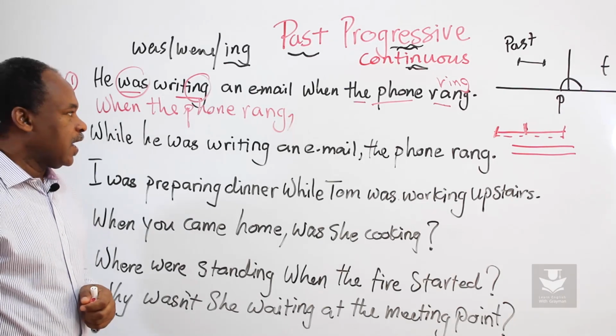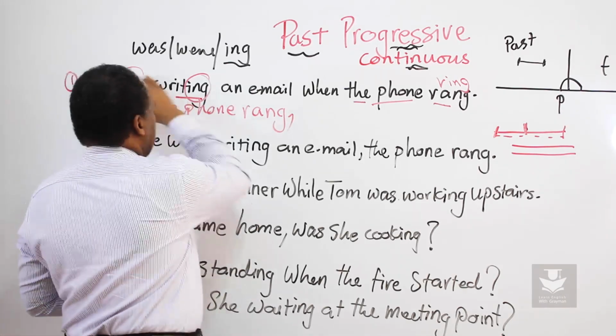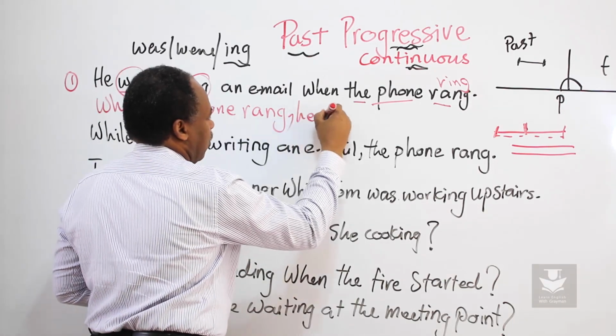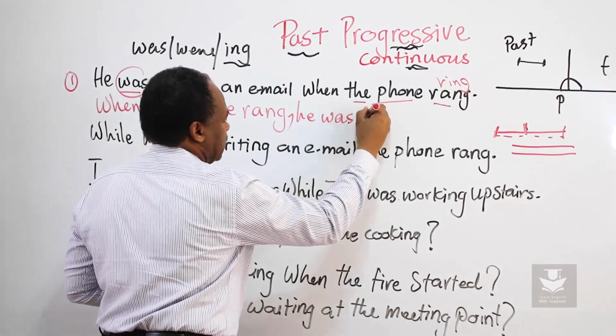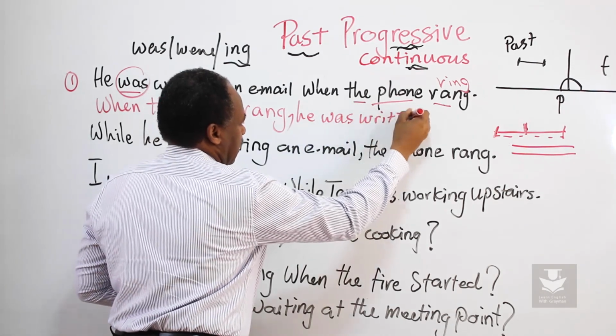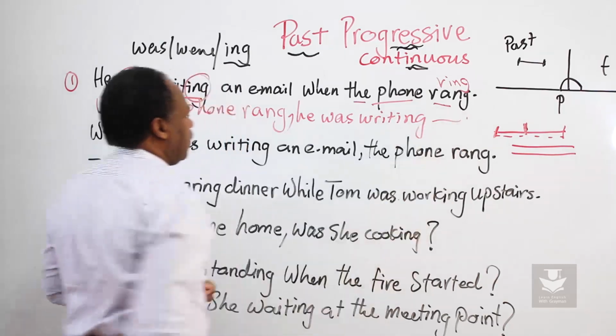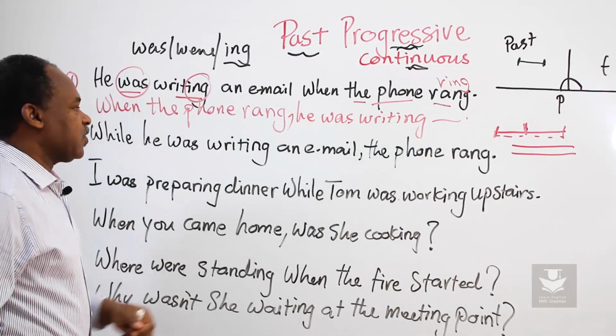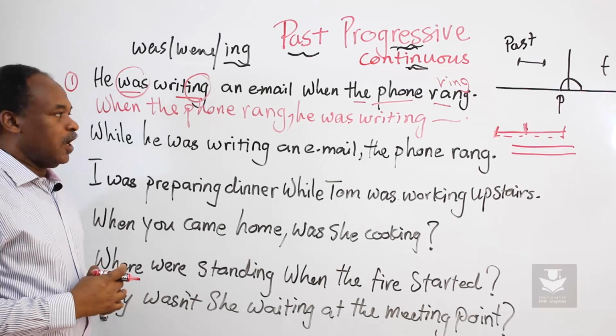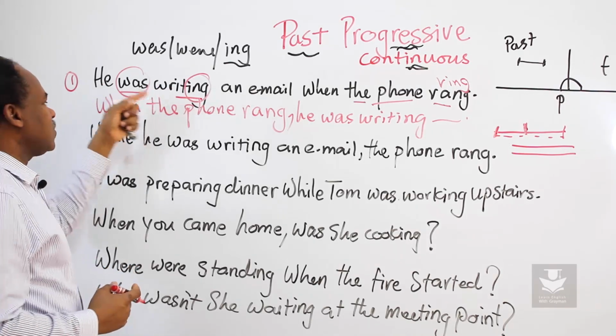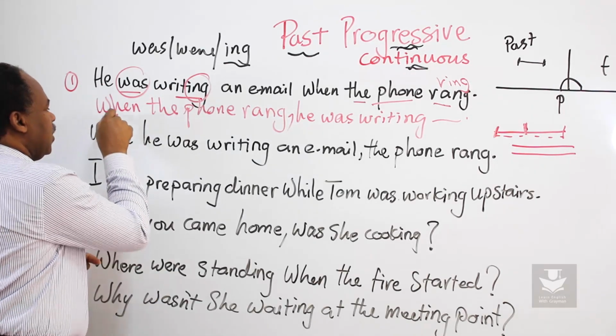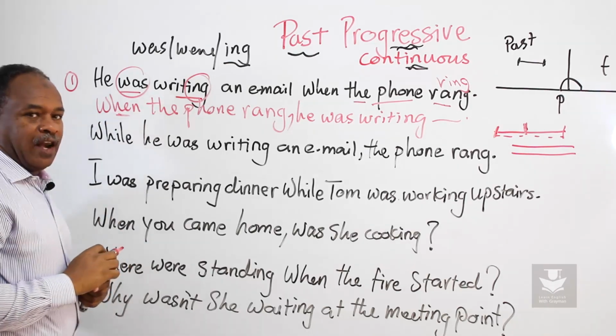When the phone rang, comma. Then we add this. He was writing an email. When the phone rang, he was writing an email. Okay? So this is the same sentence. The difference is that here we start with the when.